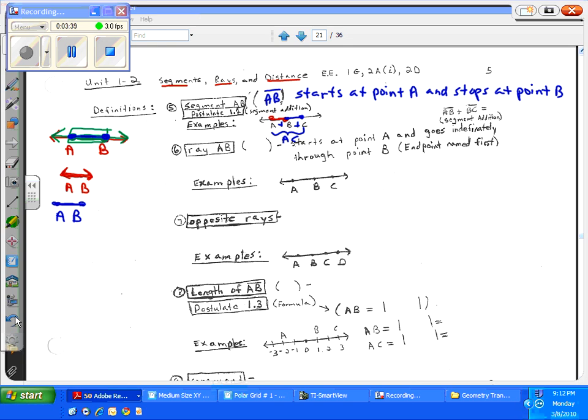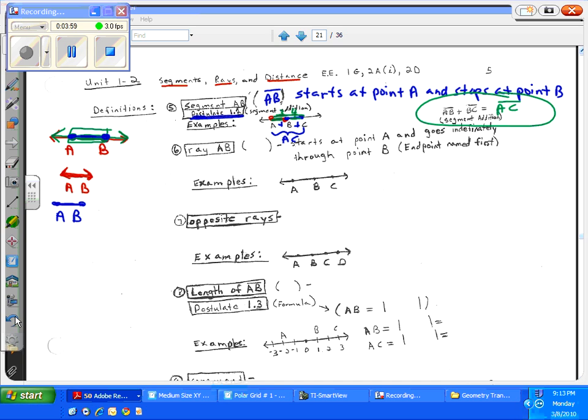Visually and with numbers, if this is 3 and that's 4, then you could say the whole thing AC was 7. We call the fact that segment AB plus segment BC is equal to the whole segment AC segment addition.